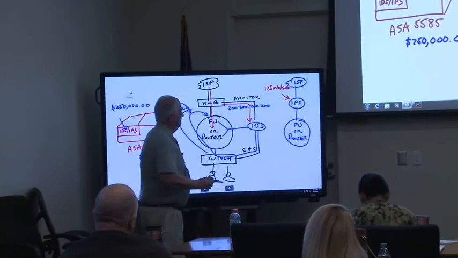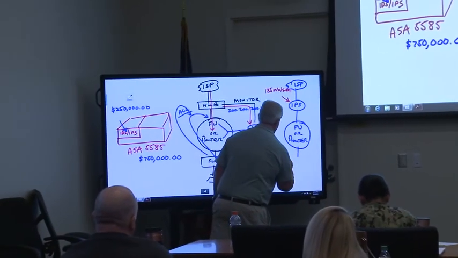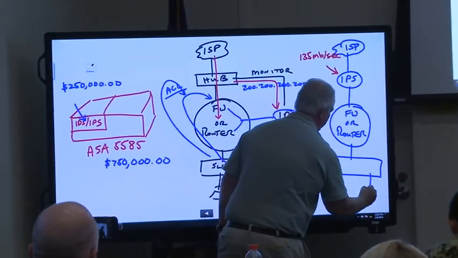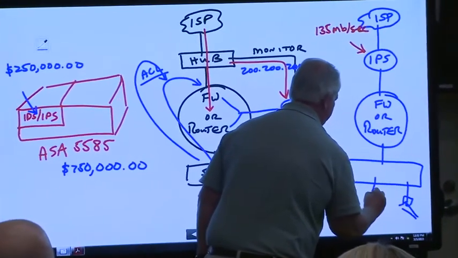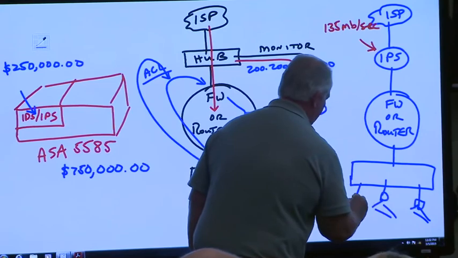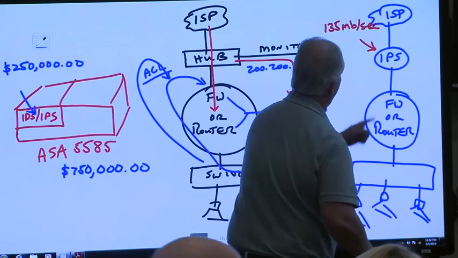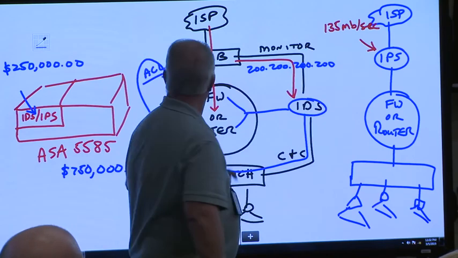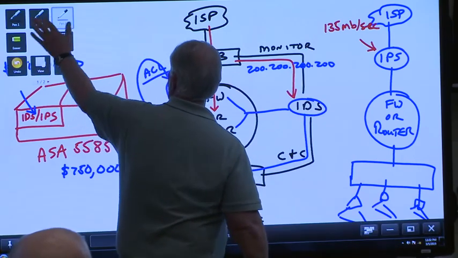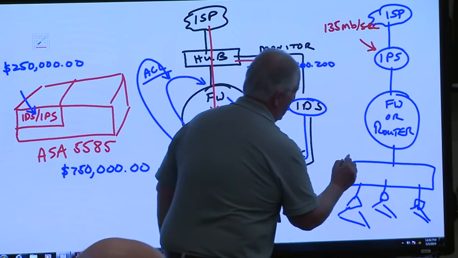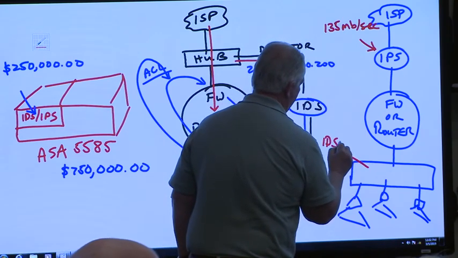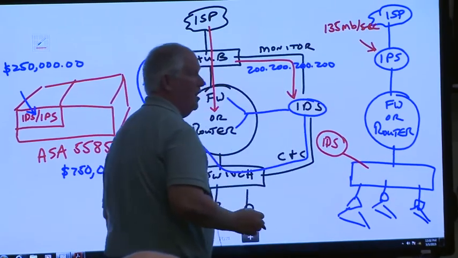So here's the thing. Where's the best placement for your IDSs versus IPSs? Your IPS is best placed right up here between the ISP and your router. Your IDS should be sitting up here. So my IDS box is going to be sitting off an interface here.